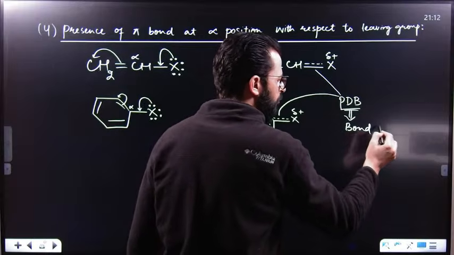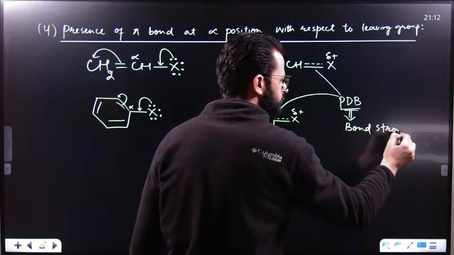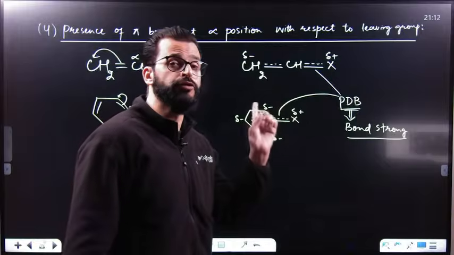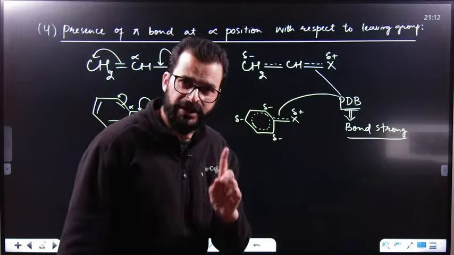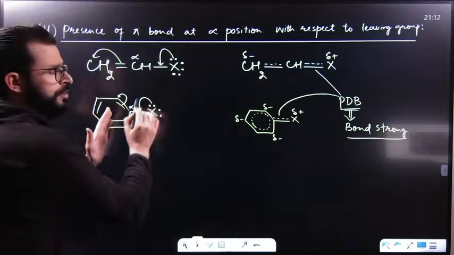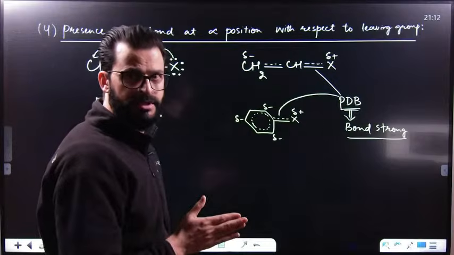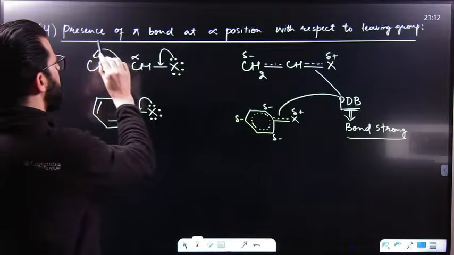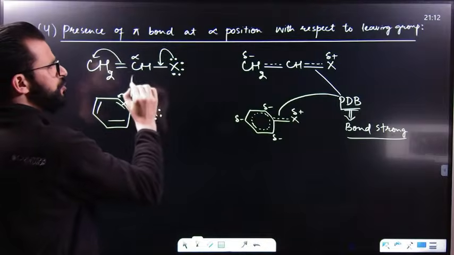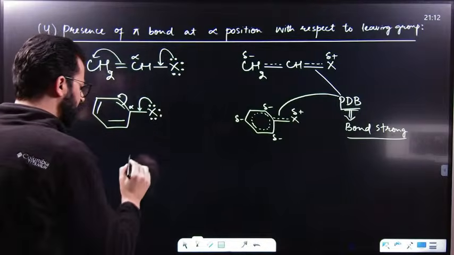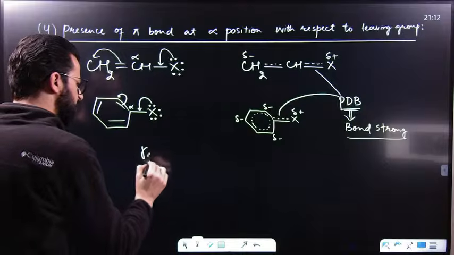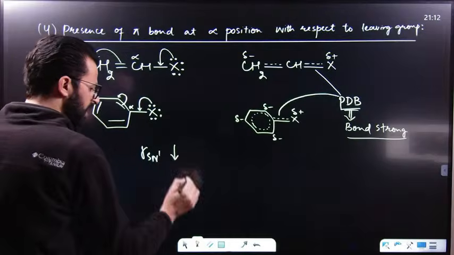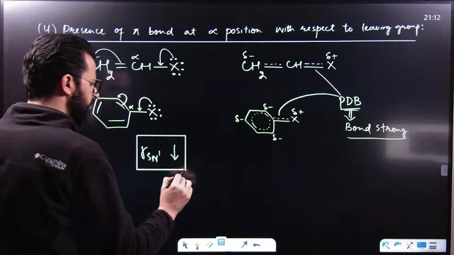So the CX bond becomes strong due to partial double bond character as a result of resonance. As this bond is strong, this is difficult to break. And if it is difficult to break, we simply say if pi bond is present at alpha position with respect to leaving group, at that time the rate of SN1 is decreased.